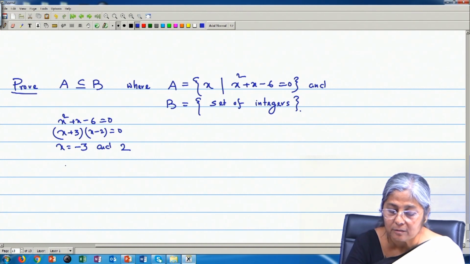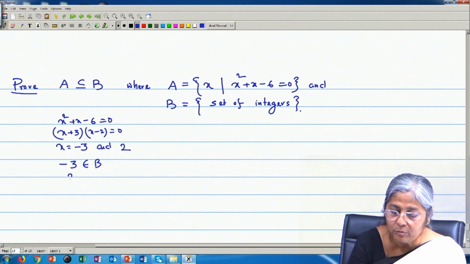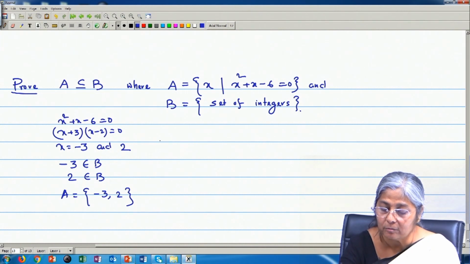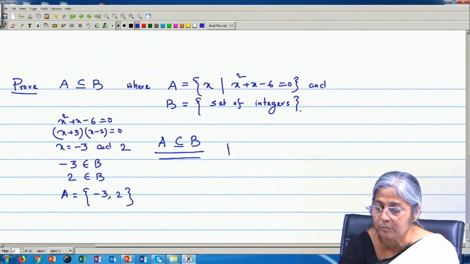So, minus 3 belongs to B, 2 belongs to B. A is actually the set of minus 3 and 2, because that satisfies this. So, my A is a subset of B, proved.